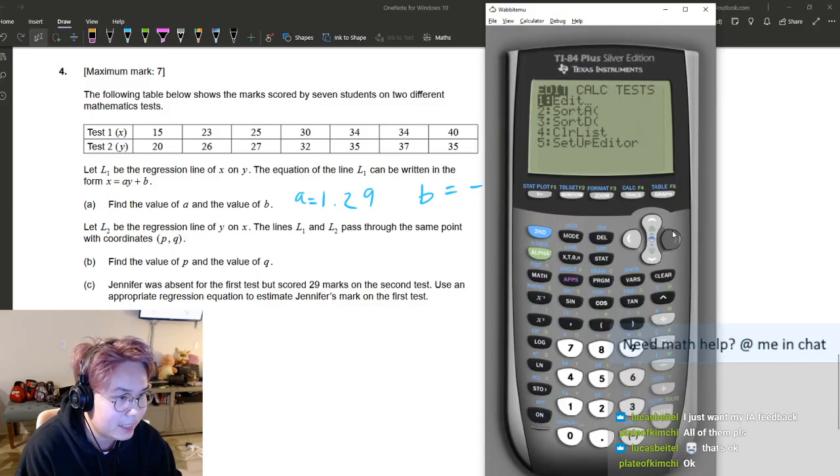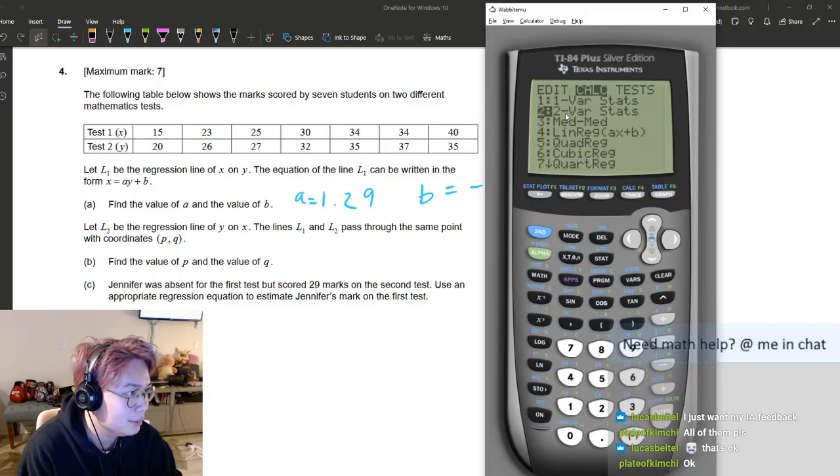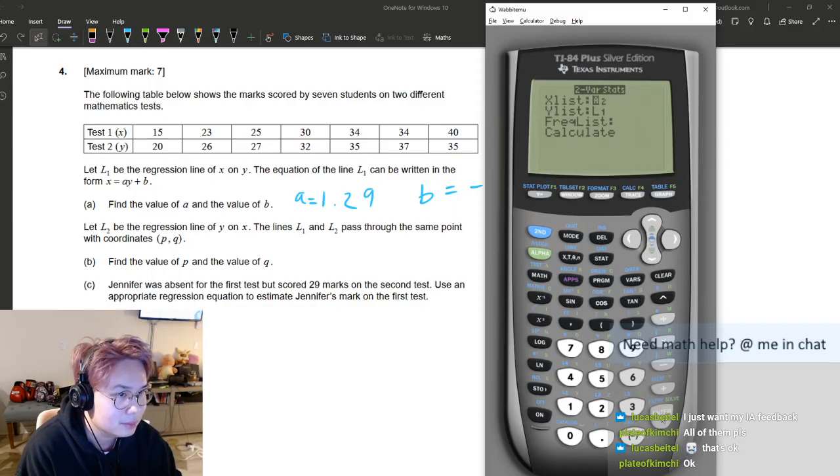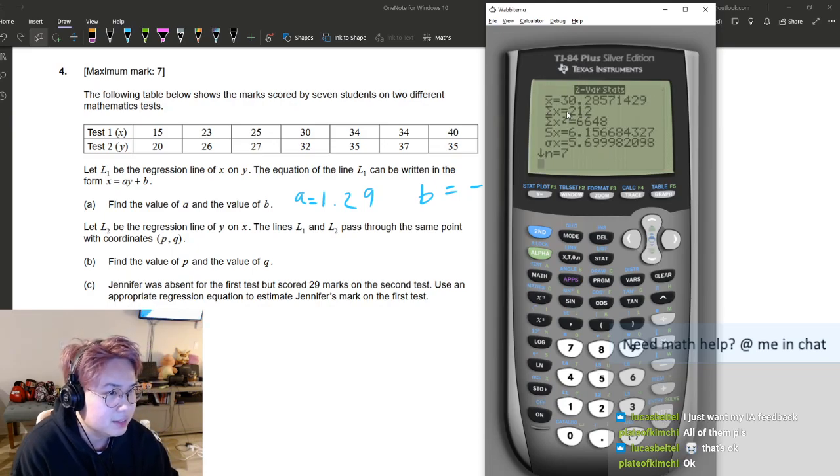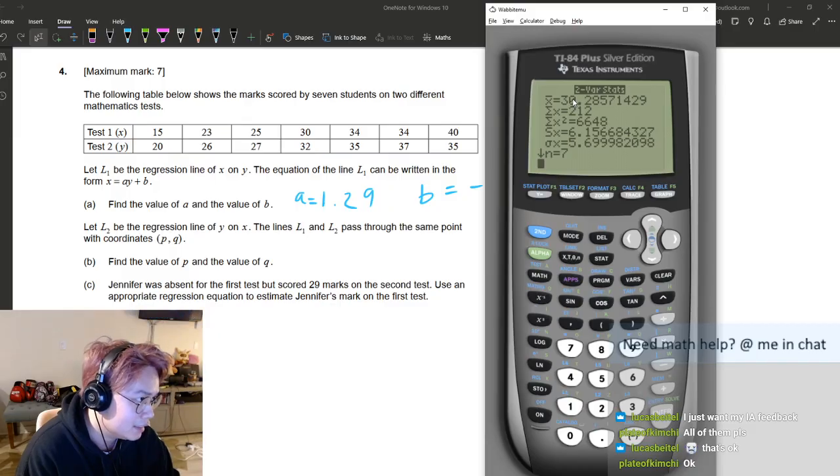So if you go back to stat, and then we have two variables, so we go to two variable, we can calculate each mean. So you see, here's the mean for the first list, and the first list was the second list in my computer or calculator, and the second list is the y of the question.